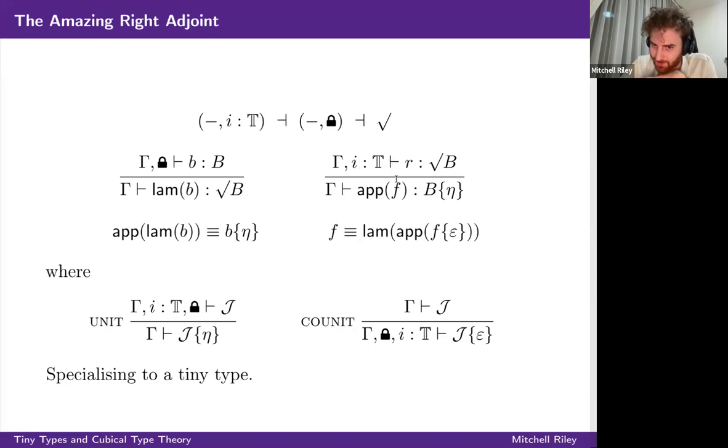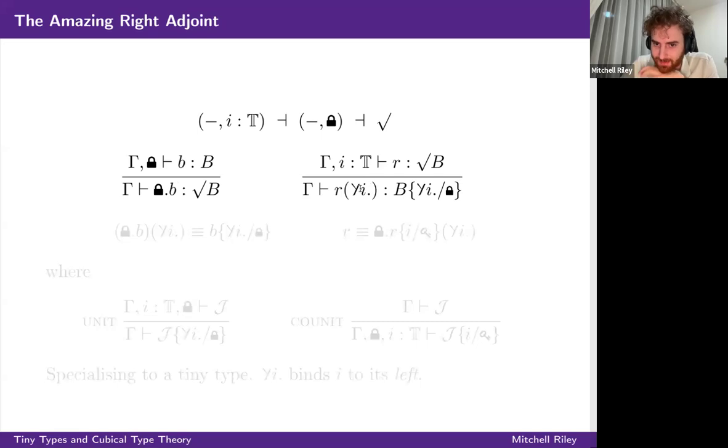This is very strange. The application is now binding a new variable. And so I'm writing that like this. The application is the thing which is now binding a variable which is available in the term R. And what's weird about this is the variable is bound here, and then we're allowed to use it over here.